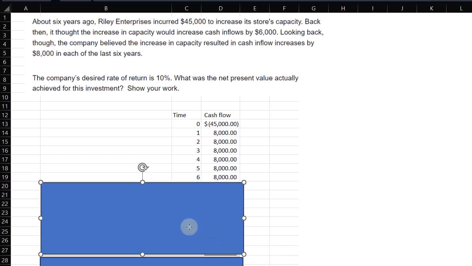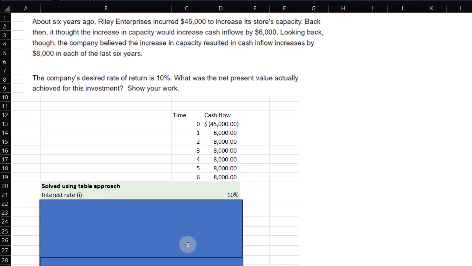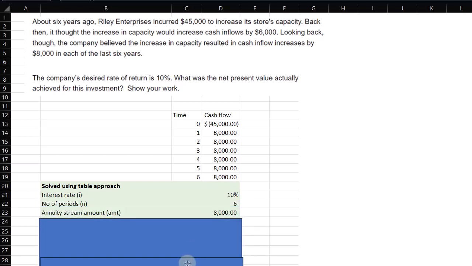Okay, the interest rate is 10%. That's given. The number of periods is 6. So what we need is to calculate the present value of that $8,000 annuity stream. So we would use the present value of an ordinary annuity.